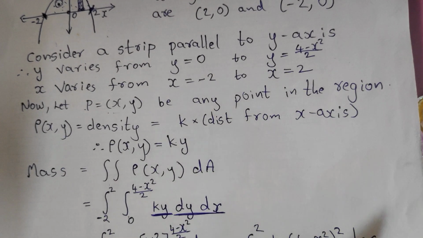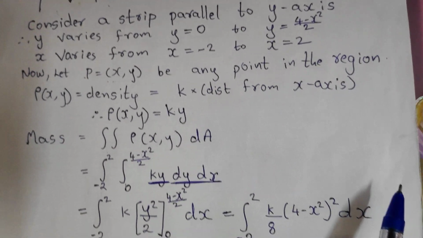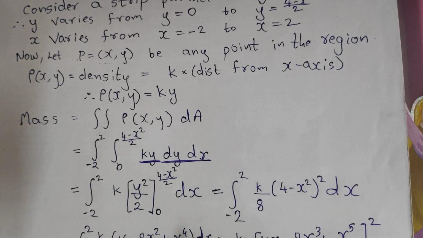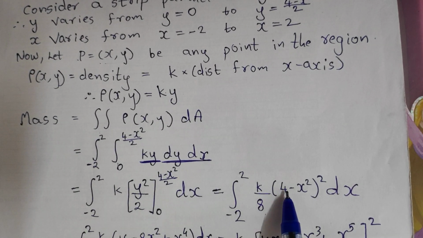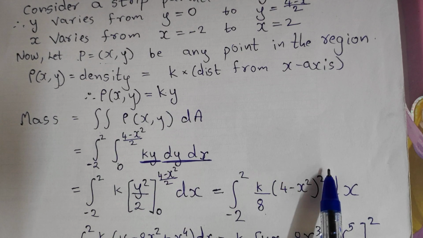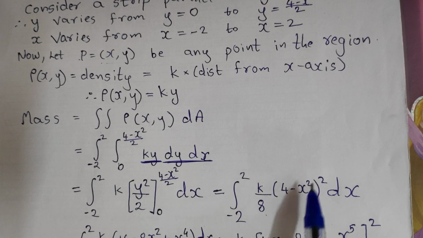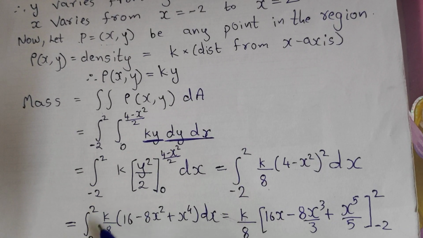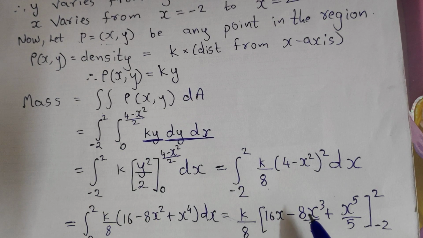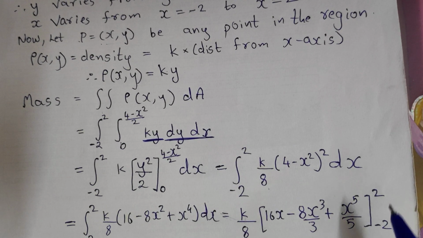Integrating this, we get y squared by 2. On substituting the limits, we get k by 8 times (4 minus x squared) the whole squared. Applying the (a minus b) squared formula, we get k by 8 times (16 minus 8x squared plus x to the power 4). Integrating this, we get 16x, x cubed by 3 for x squared, and x to the power 5 by 5 for x to the power 4, with limits of x from minus 2 to 2.